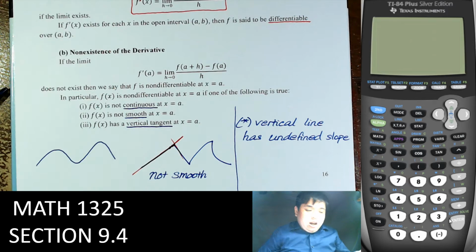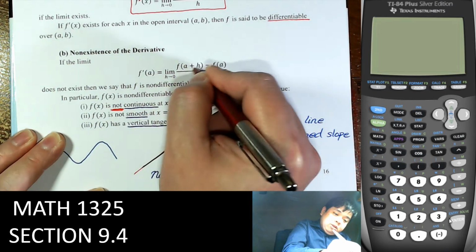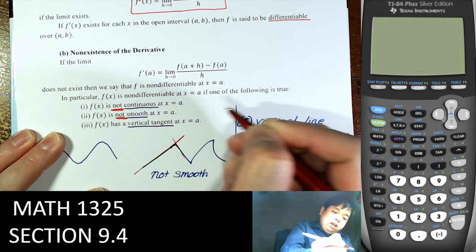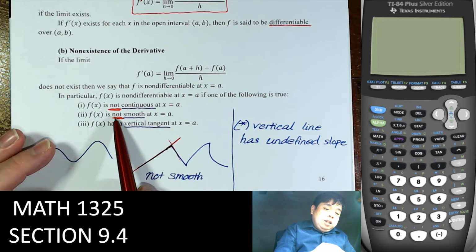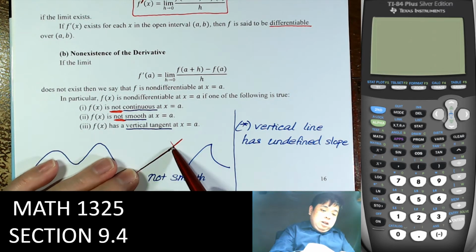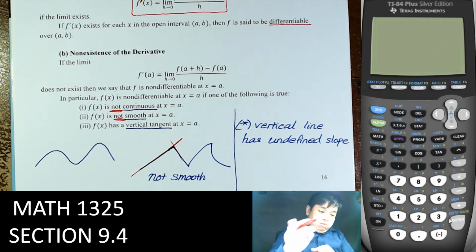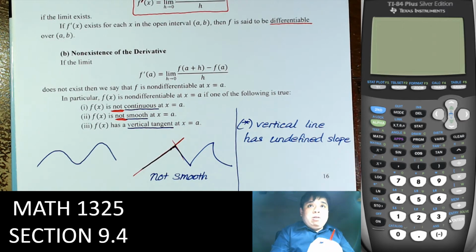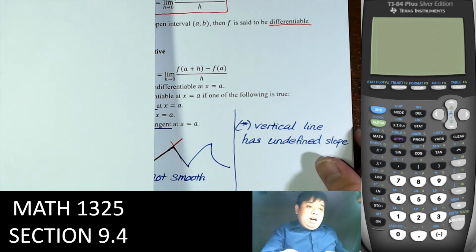So if it's not continuous, the function is not defined, and so that does not exist. If it's not smooth, then we might have the tangent lines not agree on either side, and so that is not differentiable. And finally, if we have a vertical tangent line, then the derivative does not exist because the slope does not exist.